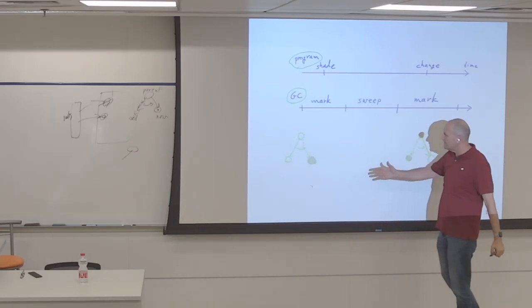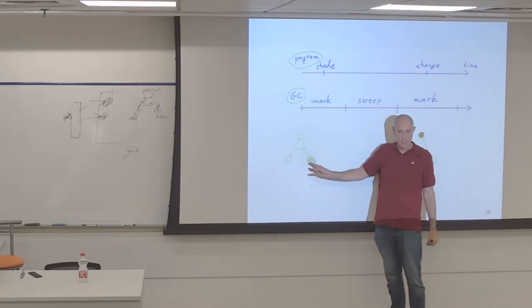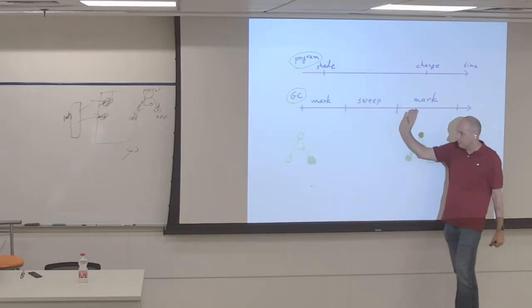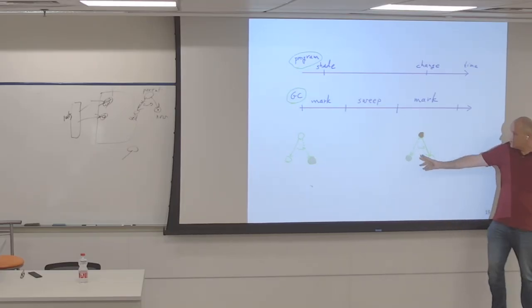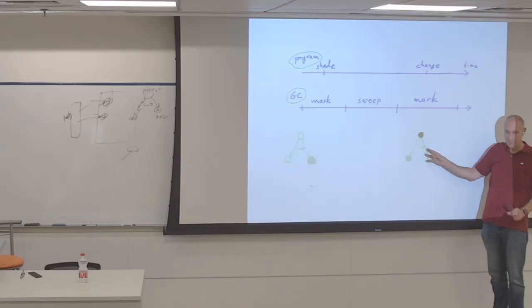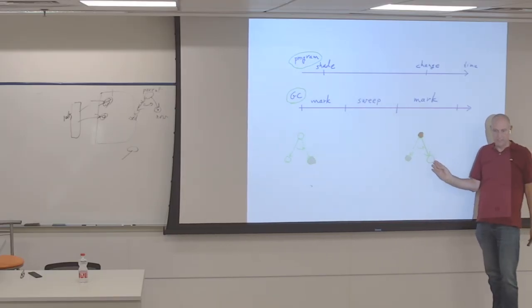So the problem is that I do the shade before the change, but the previous sweep erases this shade. I'm not going to shade anymore. I'm just going to do the change. And the change without shading is very, very problematic because I can create a black to white edge.